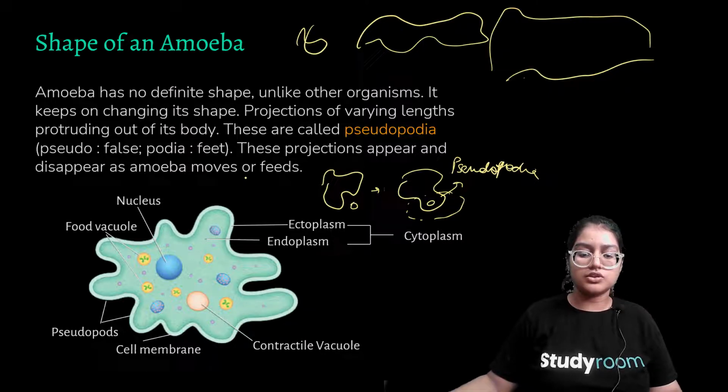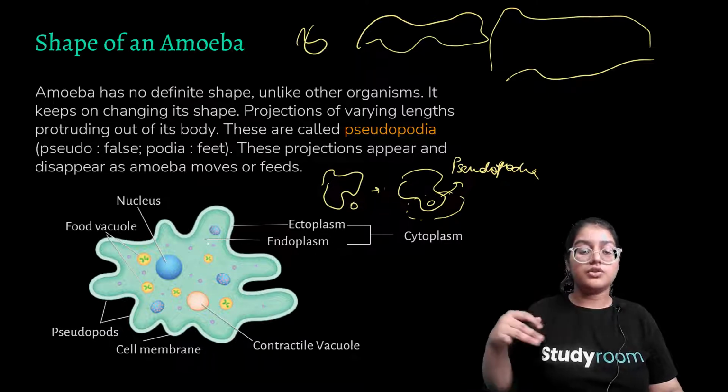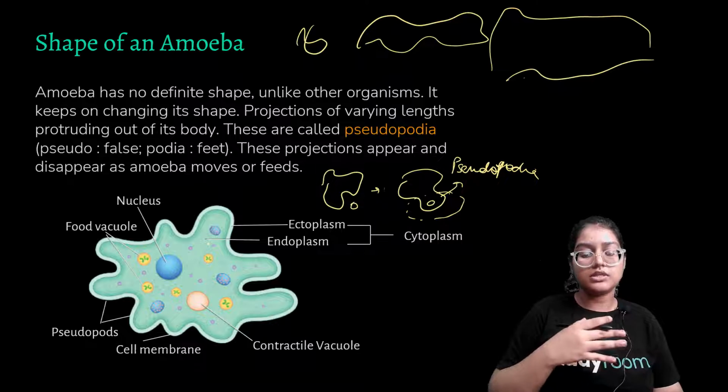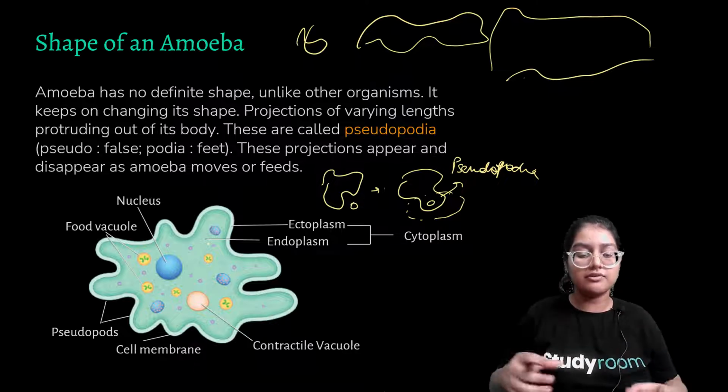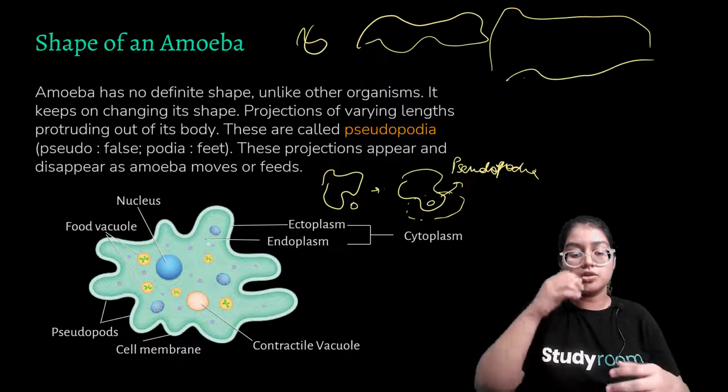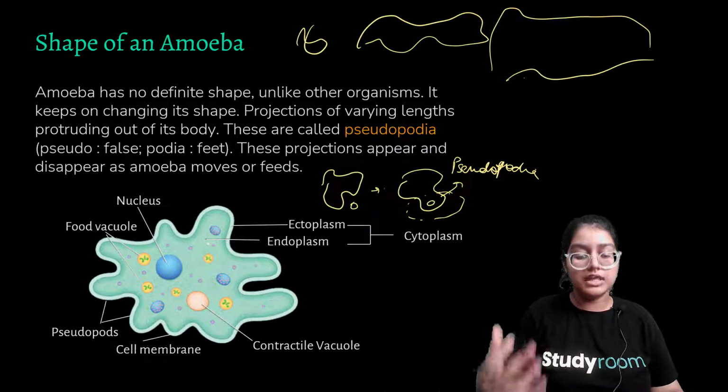So here is the structure of amoeba. We have a nucleus here, and a food vacuole here. Food vacuole stores the food. Pseudopods are here, and the cell membrane. The cell membrane is the wall which holds the nucleus and cytoplasm, carrying everything in a compartment. So the main boundary is the cell membrane.